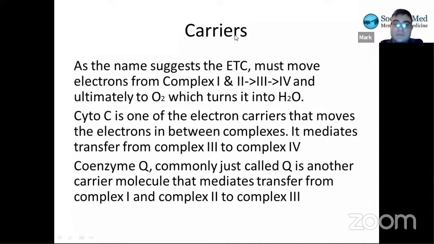Cytochrome C is one of the electron carriers that moves the electrons in between complexes. It mediates transfer from complex 3 to complex 4. Okay. Coenzyme Q, commonly just called Q, is another carrier molecule that mediates the transfer from complex 1 and complex 2 to complex 3.